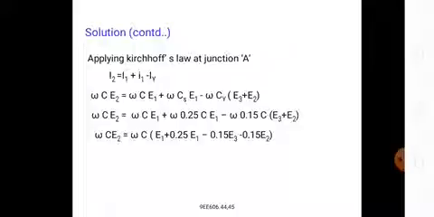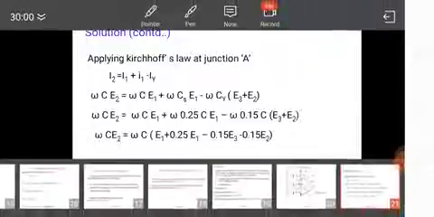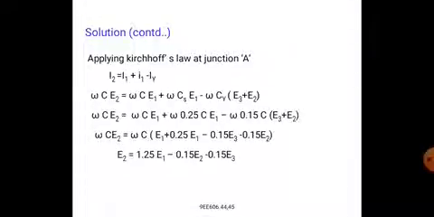Substituting Cs equal to 0.25 C and Cy equal to 0.15 C, ωC into E2 equals ωC into E1 plus 0.25 into E1 minus 0.15 into E3 minus 0.15 into E2.